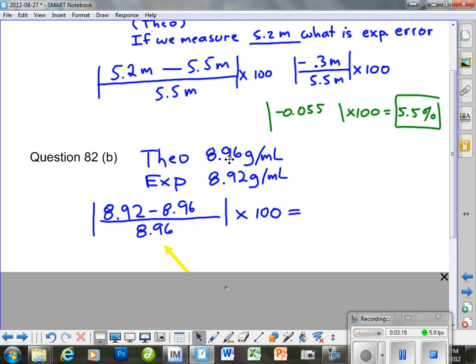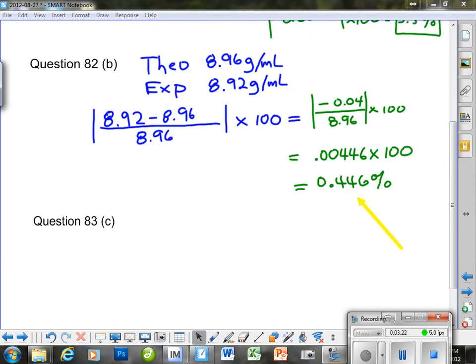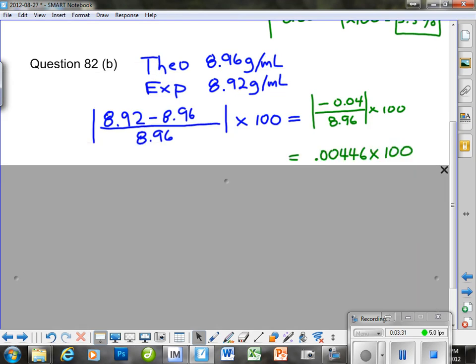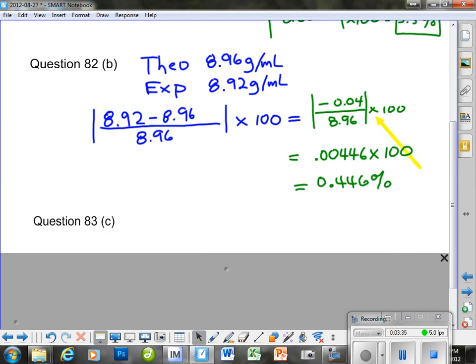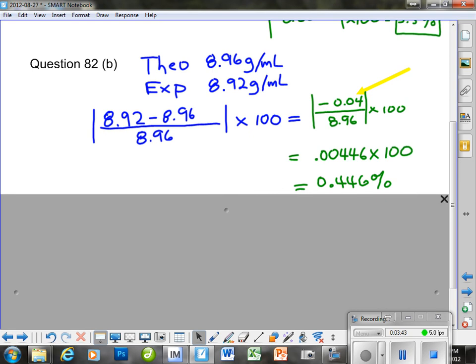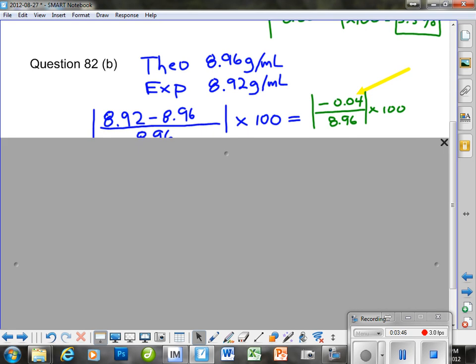So let's go ahead and do the numbers. So our answer winds up being, when we run the numbers here, and let's just put a little shade up to look at them one at a time. First of all, right up here at the top, we get 0.04, and that's a minus number because back here this number was bigger than this number.